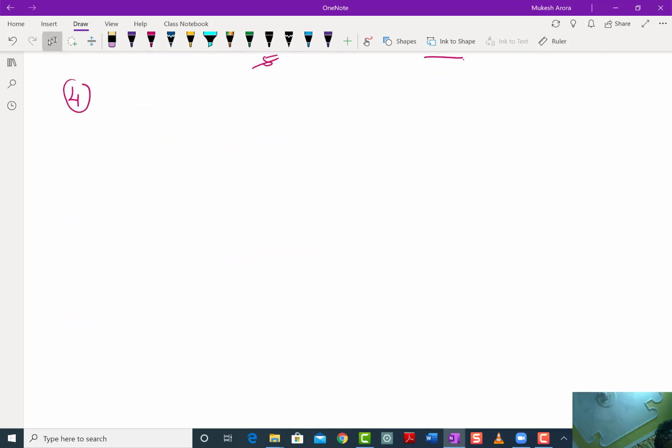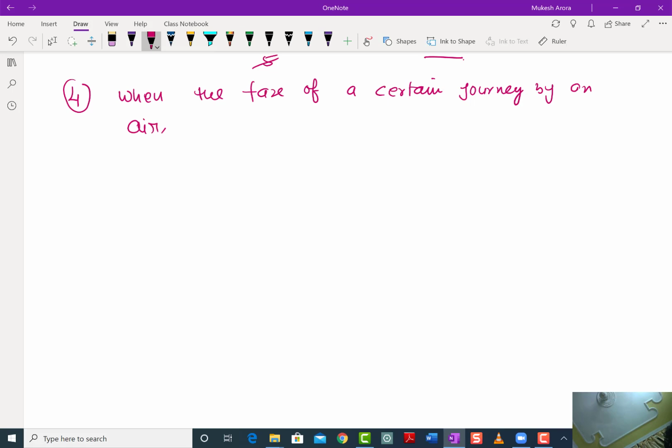Question number 4 is: when the fare of a certain journey by an airline was increased in ratio 5:7, that means earlier it was 5, now it has increased to 7.